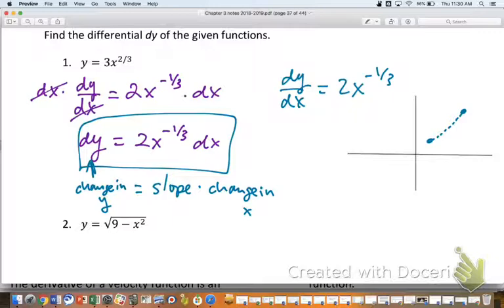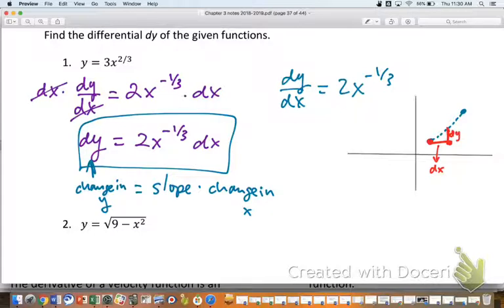In other words, if you know what the slope is, in this case 2x to the negative 1/3, then how much the y changes depends only on how much the x changes. So if my x goes from here to here, this would be my dx, and then my dy would be represented by that.